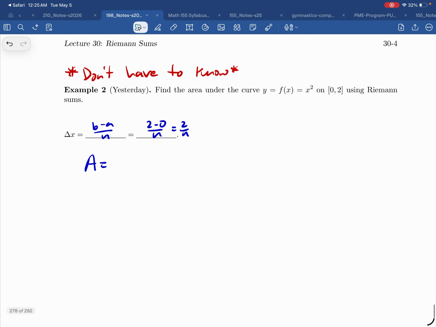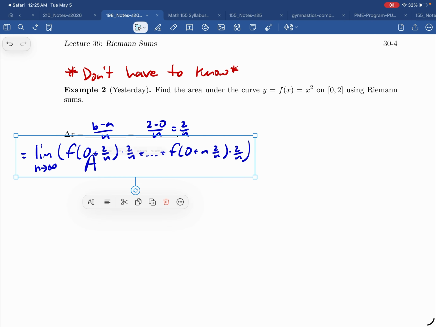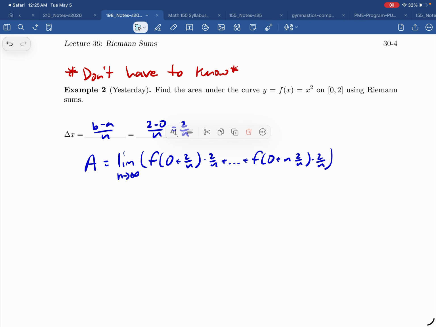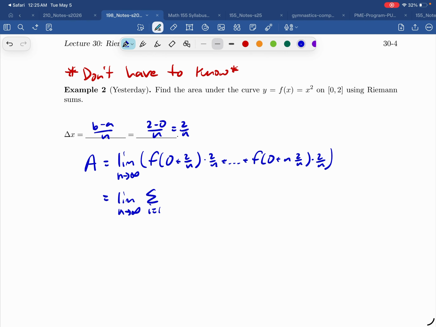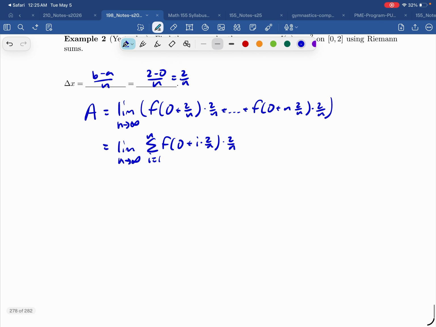That, using summation notation, is going to equal the sum from i equals 1 to n of f of 0 plus i times 2 over n, times 2 over n. Okay, and at this point, we're just going to do a whole bunch of arithmetic, make it work out.